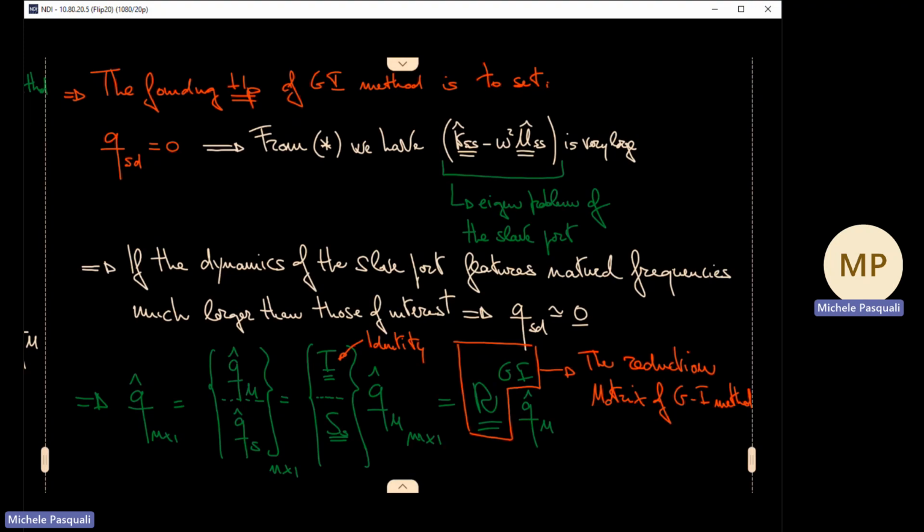Again, we can apply this, given that there are no forces on the slave parts, and that we can assume that the dynamics of the slave part has natural frequencies which are typically not included in the bandwidth of interest. Okay? All right, so this basically closes the lecture.